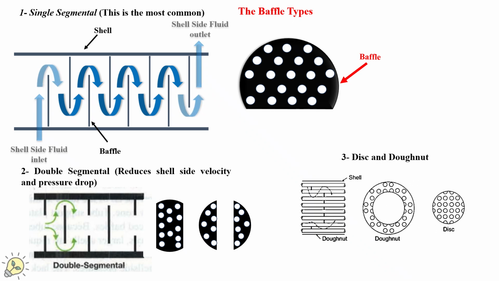We have the third type, which is the disc and doughnut. As shown, again we have two parts. A small part which is fixed at the middle, and then we have the other one which is fixed on the inner side of the diameter of the shell, which allows the passage of these tubes.